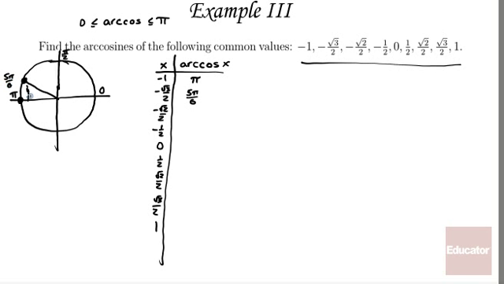Negative root 2 over 2, I'll draw that as the x coordinate. I know that's a 45-degree angle, and so that's 3 pi over 4. So that's the arccosine of negative root 2 over 2. Negative 1/2, if we draw that as the x coordinate, that's a 30, 60, 90 triangle. That's 2 pi over 3.